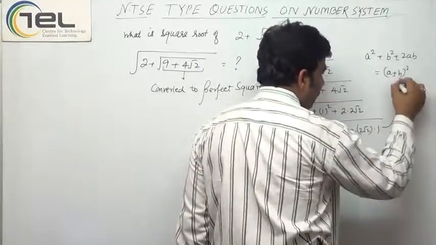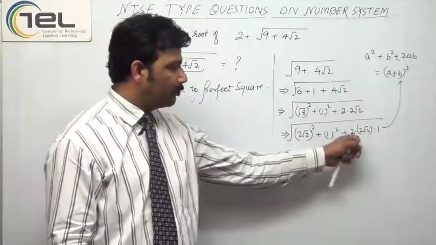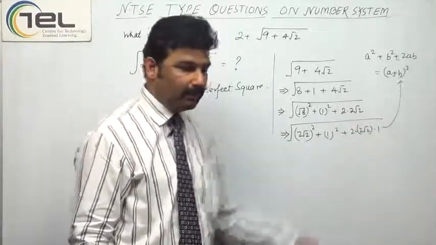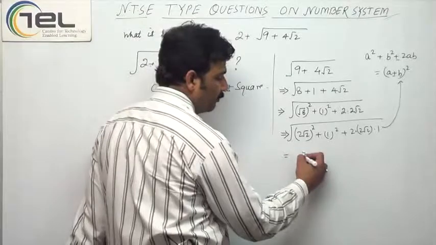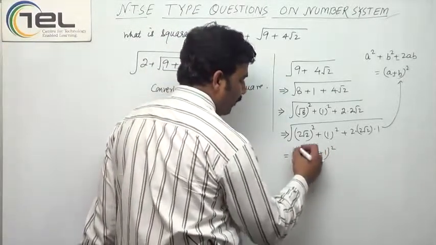Isn't this now in the form a square plus b square plus 2 into a into b? Now it becomes 2 root 2 plus 1 whole square, and we have a square root of this.